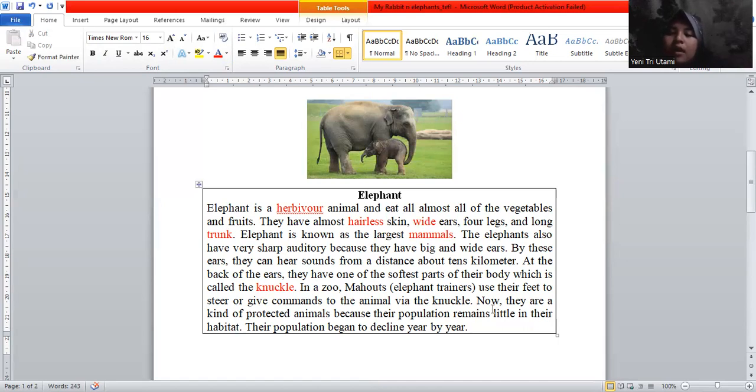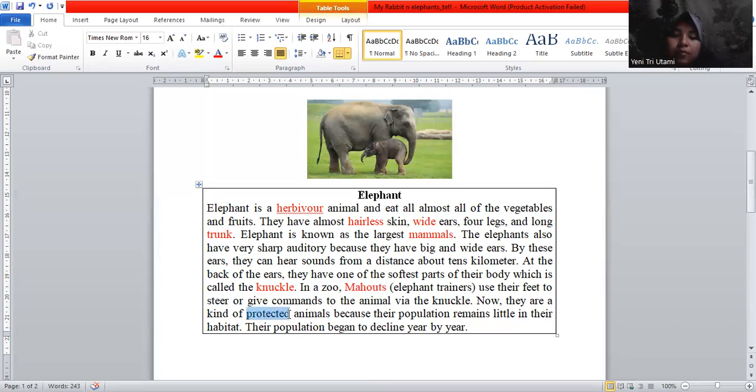And then this is the new fact. Now they are a kind of protected animal. You guys know what it means by protected animal? Wait, let me highlight these mahouts words. And then the next is about protected animals.